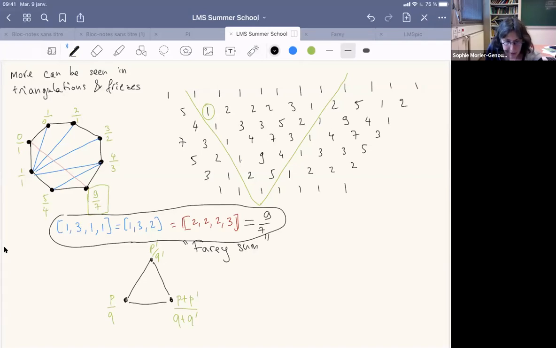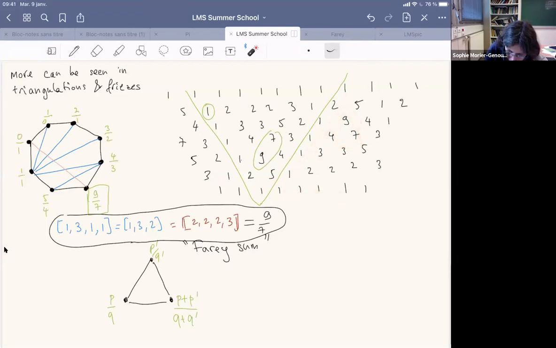And what about the frieze? Can I see this 9/7 in the frieze? Yes, I can. There is a glide, so I can see it in 2 different ways. Maybe I see 7/9, but I just need to turn my head and pretend that I see 9/7, or just choose the glide, because with the glide we also have 9/7 here.